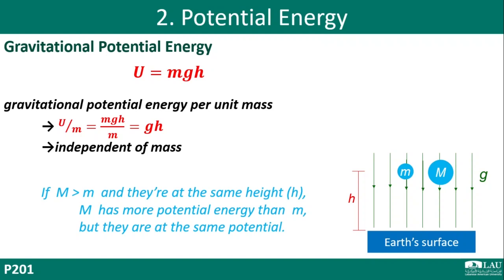Okay, so they don't have the same weight, because m is multiplied by g to obtain the weight. M has more potential energy than small m, but they have the same potential. How do we know that they have the same potential? They are at the same potential level. Okay, so the potential is calculated by finding the ratio between the gravitational potential energy and the mass.